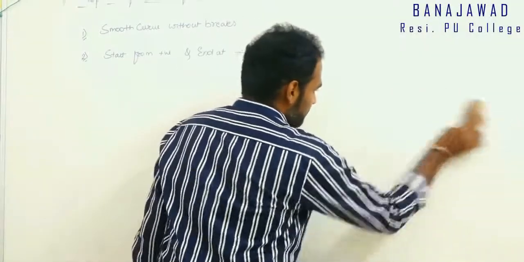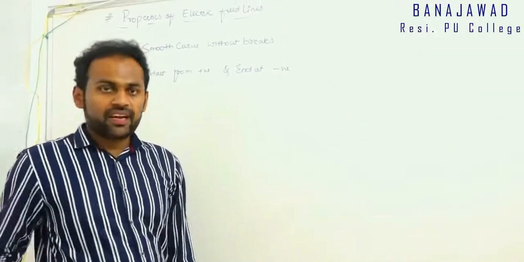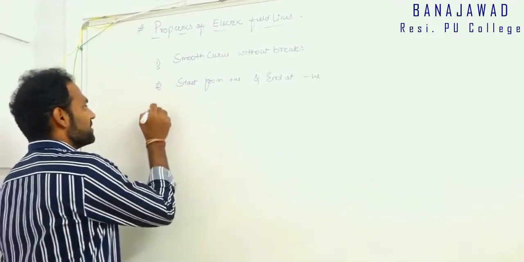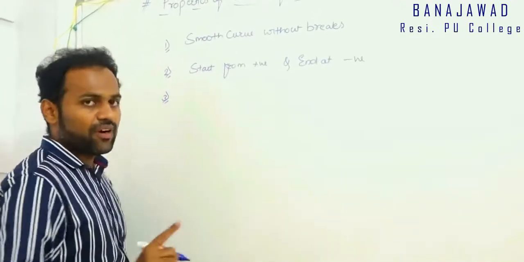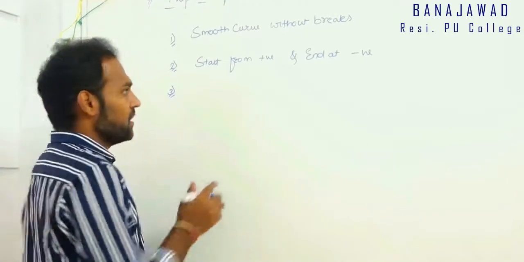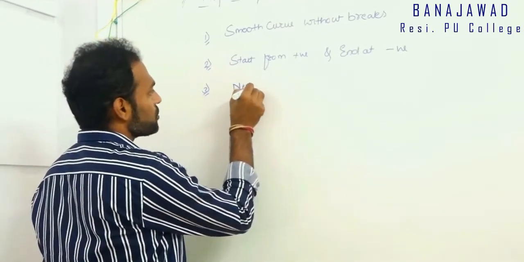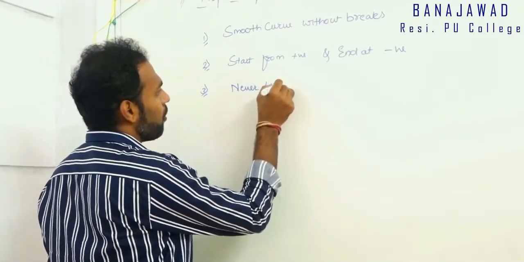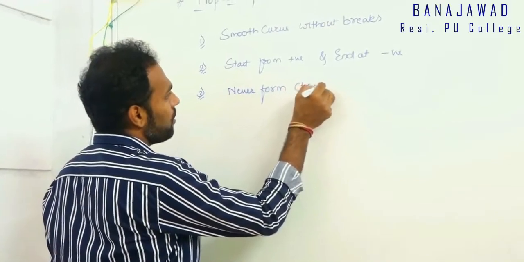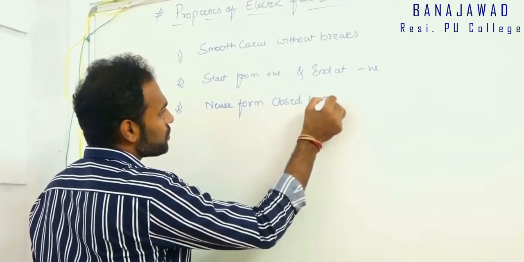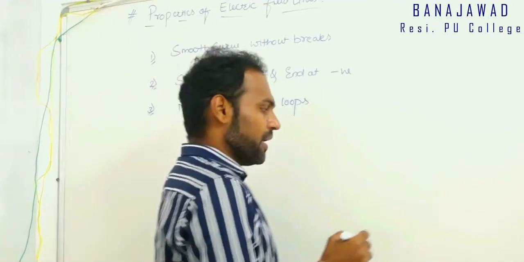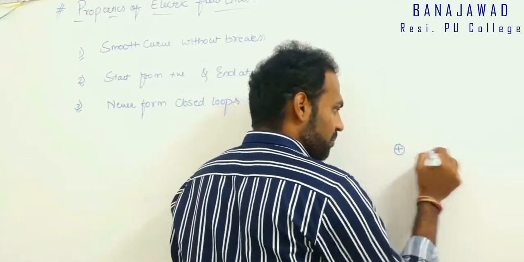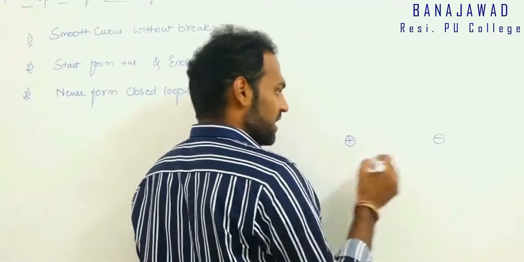Third property. Electric field lines will never form closed loops. Closed loops means what? As I told you, when there is a dipole, this is a positive and this is a negative charge.